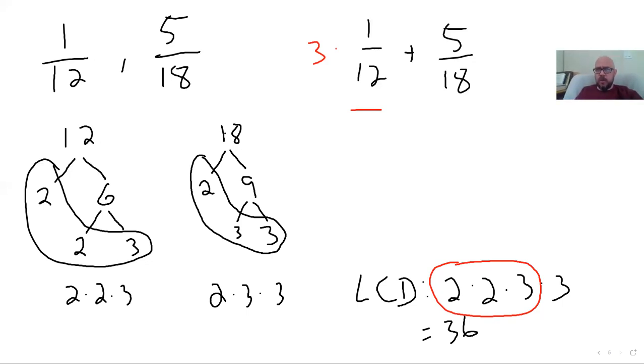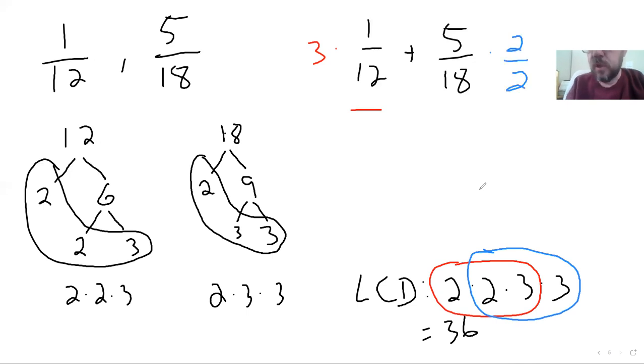Similarly, this guy right here, my 2 times 3 times 3, that's 18. So the thing that my 18 is missing is whatever's not in this circle, right? It's the 2. So I'm going to multiply by 2. Oh, excuse me, I wrote 3. I meant to do it this way. I apologize. Let me select this.